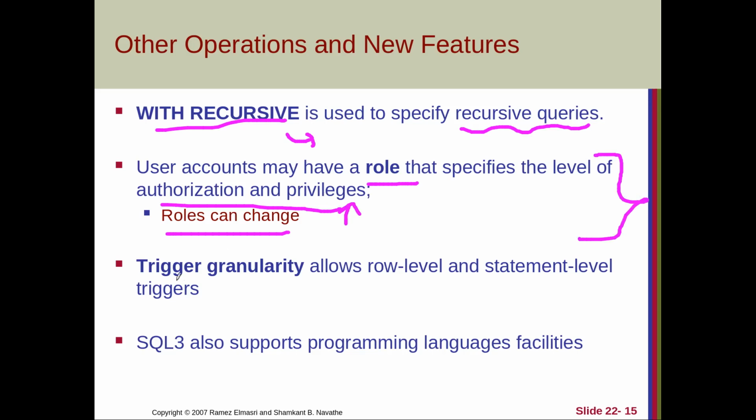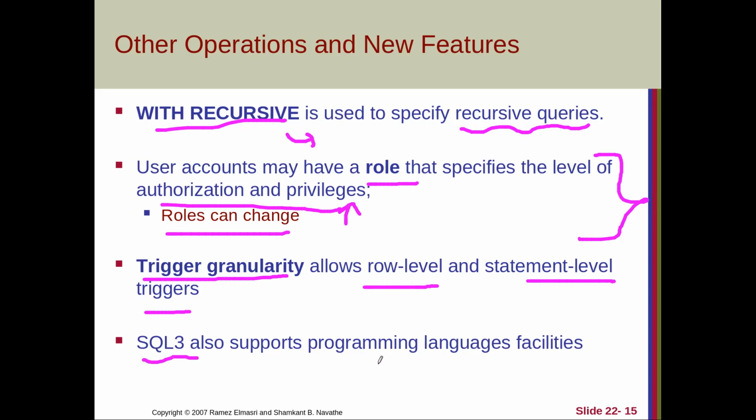Then it also consists of another feature called trigger granularity, which allows row level and statement level triggers. The support of triggers is there in SQL 99, which specifies the rules which can be executed automatically as part of the execution of a particular event or particular SQL statement. So trigger granularity is maintained in SQL 99, and SQL 3 also supports it.